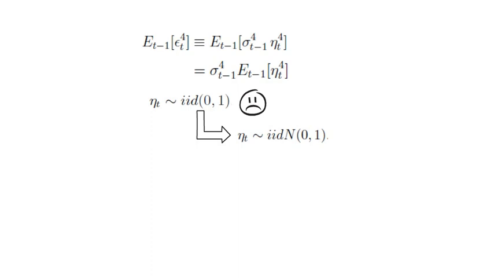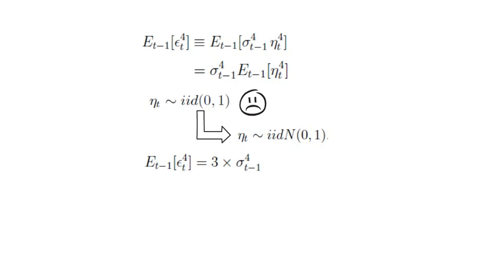And hence, going back to our last equation, we can therefore continue to say the conditional expectation of the fourth moment of epsilon is simply 3 times the volatility as of t minus 1 to the power of 4. So now we plug in the parametric ARCH(1) structure for sigma to the power of 4.